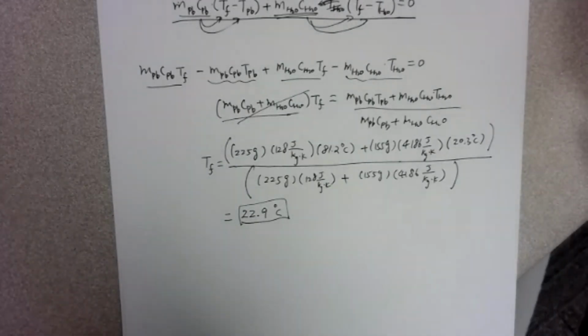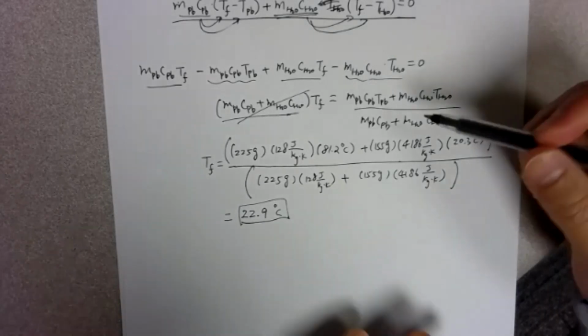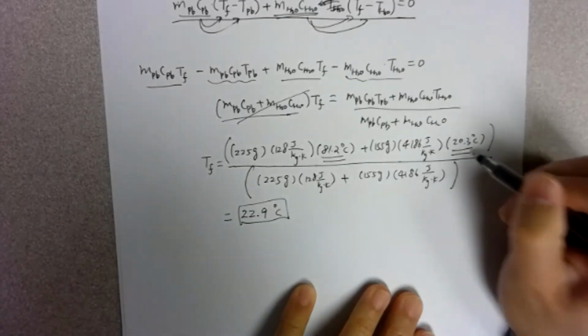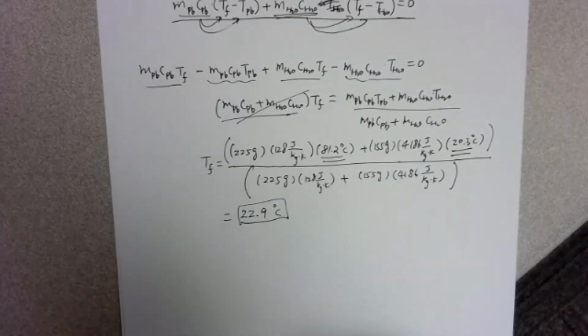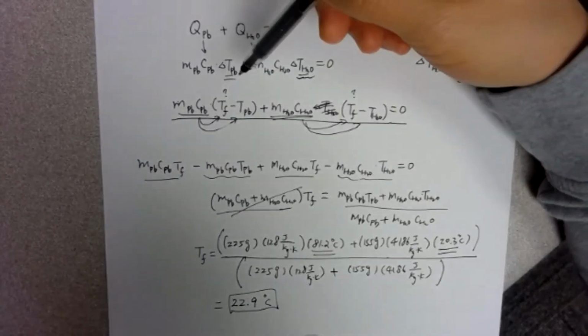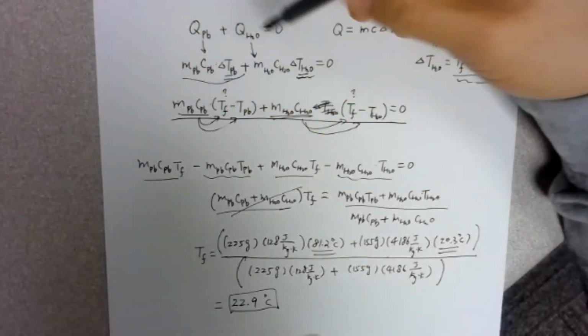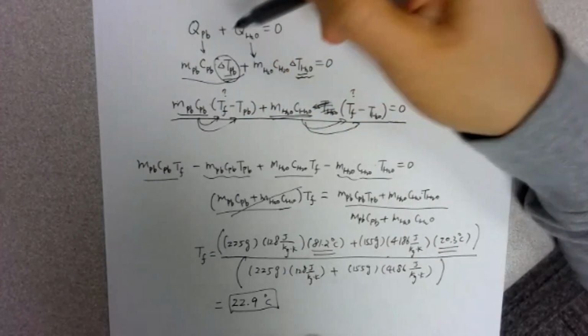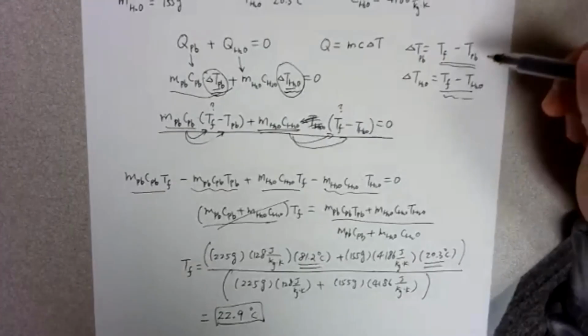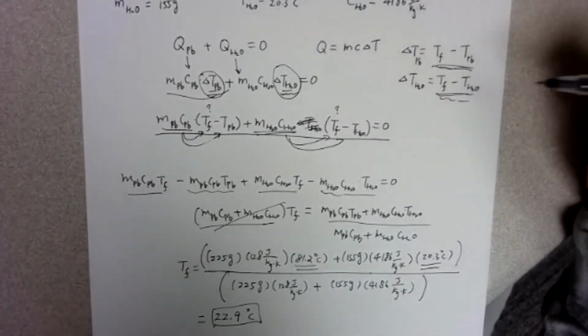Now, you might be wondering, when we have these numbers in here, the temperatures, we actually didn't convert into kelvins. The reason we could do that is because we are starting with the equation that has delta T of Pb and also delta T of H2O, so we are having the differences of those temperatures.